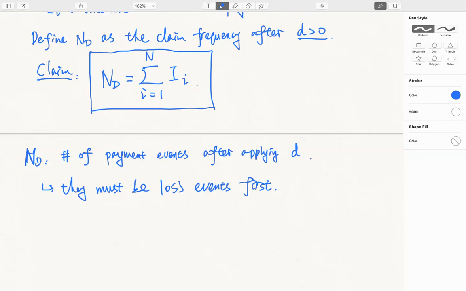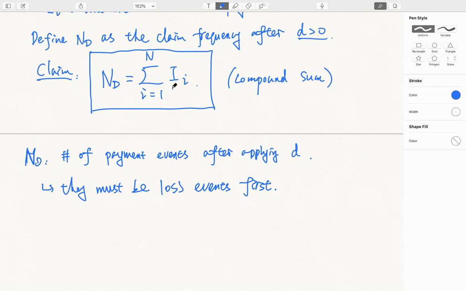That is why I'm doing this compound summation. So here, what I'm doing is actually a compound sum, right? I sum over all the policies that came back with claims or losses, and within them, I further pick those with losses bigger than the deductible, right?